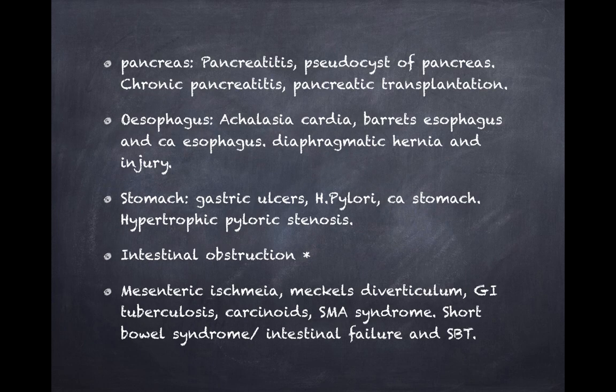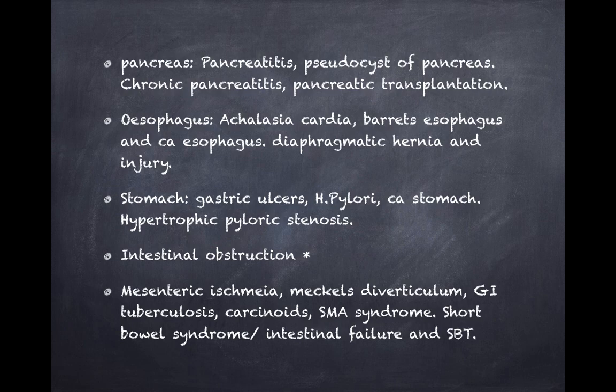Coming to the pancreas, here you need to know about the condition called pancreatitis. It could be acute or chronic. Acute pancreatitis has a number of ways of presentation and complications. There are n number of complications associated with pancreatitis, and you need to know all of them, the pathogenesis exactly, and the management of acute pancreatitis.